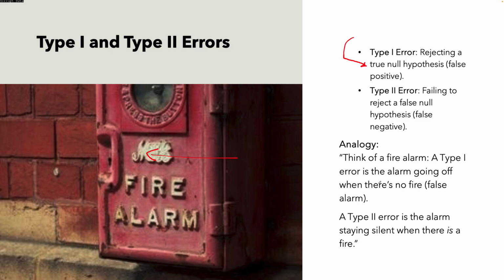And then the type 2 error is when the alarm is staying silent and there is a fire. That's like saying, okay, oh man, I did everything I could, my stats aren't right, my data is not right, so I'm just going to accept the null hypothesis and reject the alternative hypothesis. These are awful situations to be in, and they happen all the time.